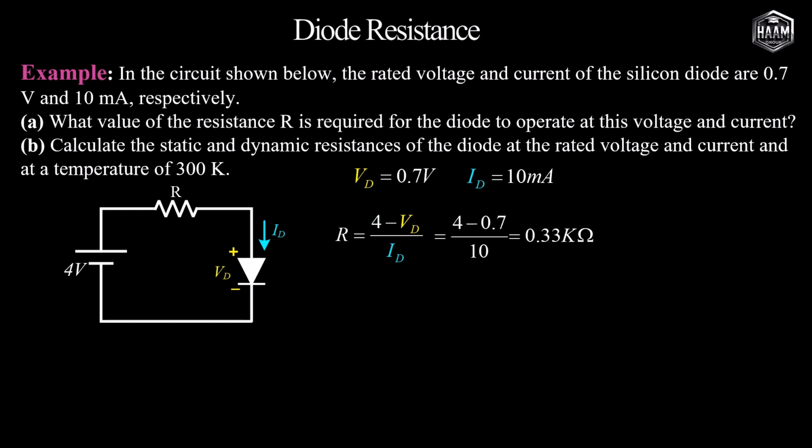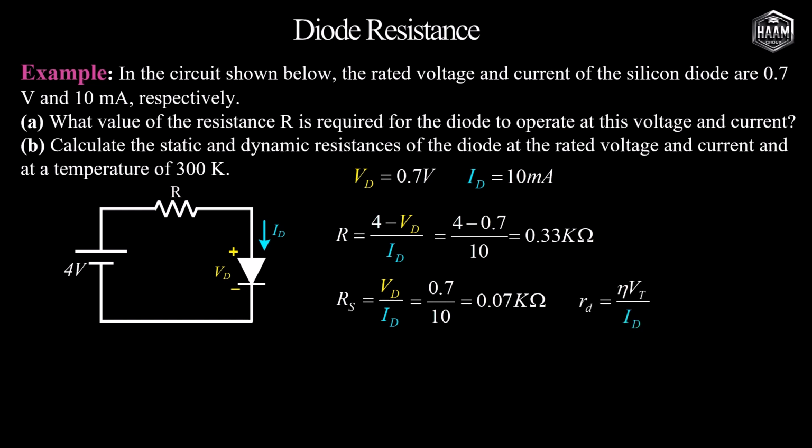This is A. For B, R sub S equals V sub D divided by I sub D, that is 0.7 divided by 10, equals 0.07 kilo ohm, or 70 ohm.